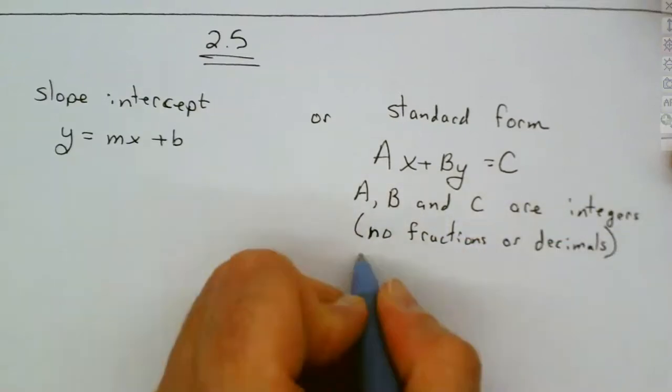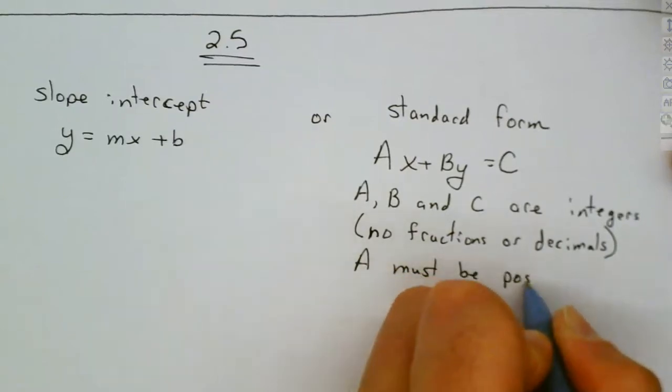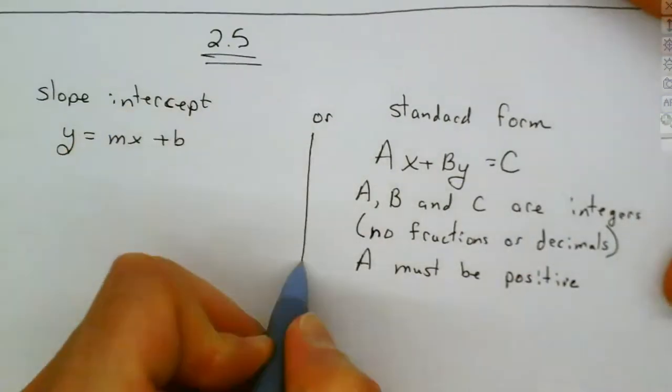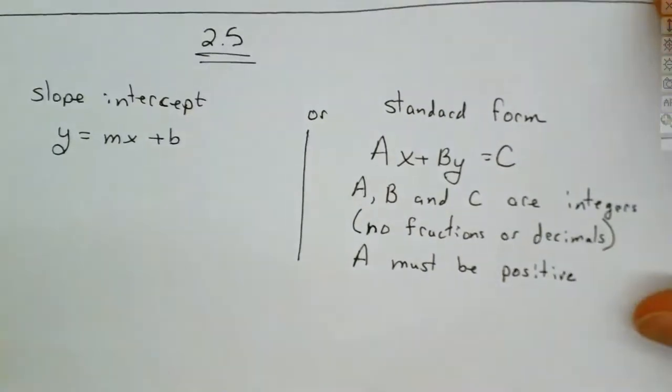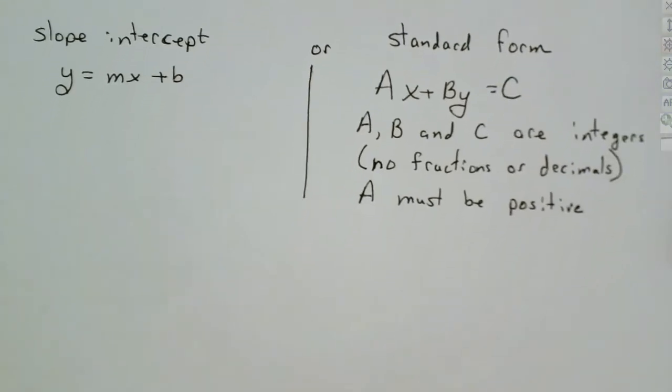And also, A must be positive. So you can either write your answer in slope-intercept form, which is what we normally do, or you can write your answer in what's called standard form. And what's important about standard form is that A, B, and C are going to be integers, so no fractions and no decimals, and A must be positive.